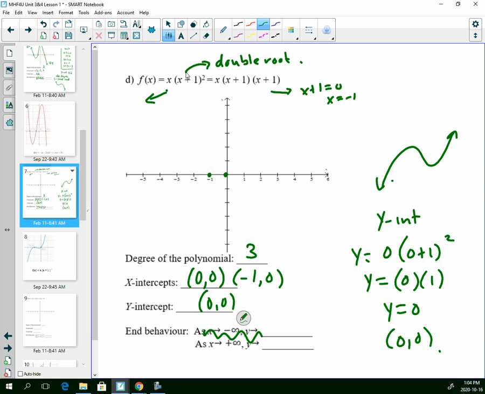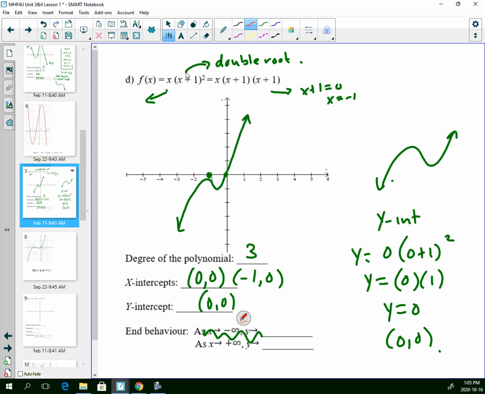Okay, so it's going to start from the bottom. The thing with the double root is a double root makes the graph turn but not pass through. So it's going to turn at -1 at the double root. It's going to turn again, and then it's going to come back up.